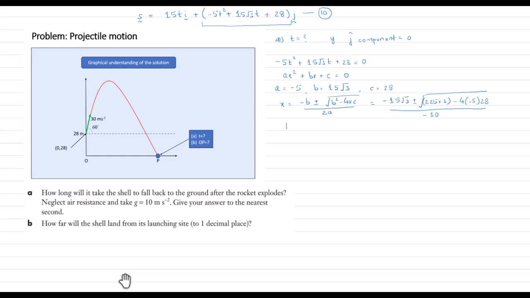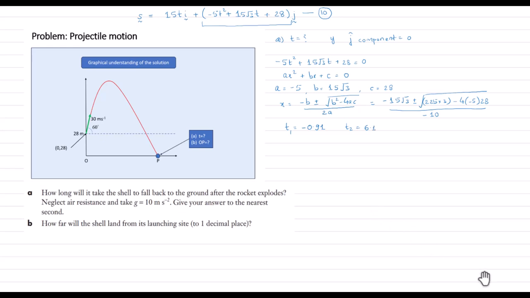Since it is quadratic, there should be two values. So t values are negative 0.91 and, maybe I call them t1 and t2, 6.1.